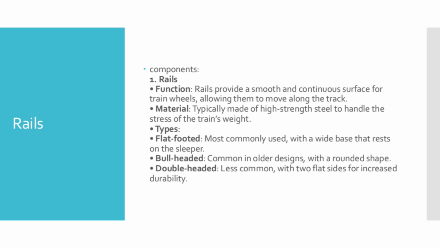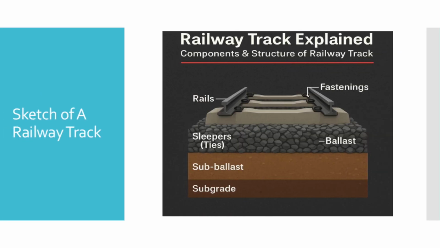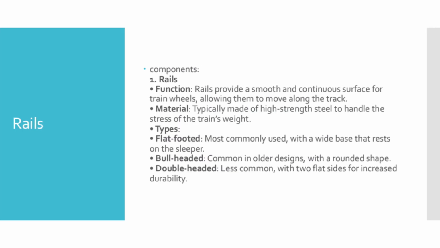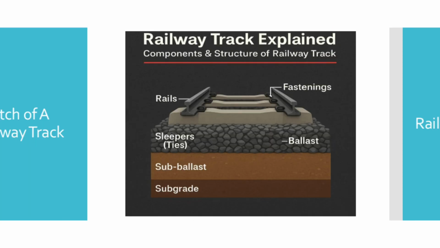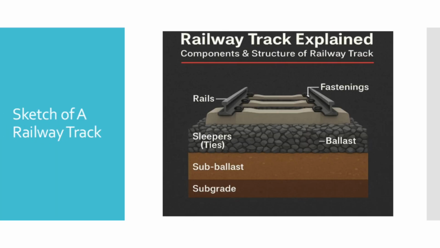Now, let us see the types of these rails. First of all, flat-footed rails, most commonly used. These are the most commonly used. We have seen these rails in day-to-day lives. They have a wide base that rests on the sleepers. So these flat-footed rails, as we can see in this picture, are resting on these sleepers.